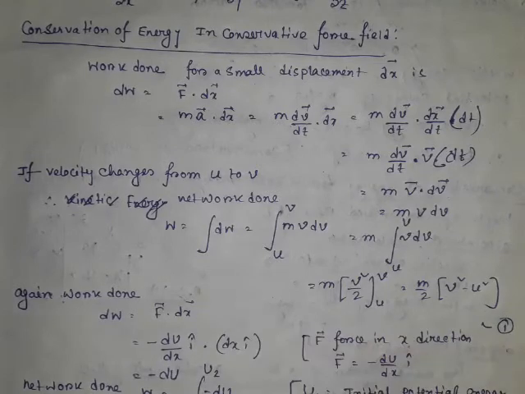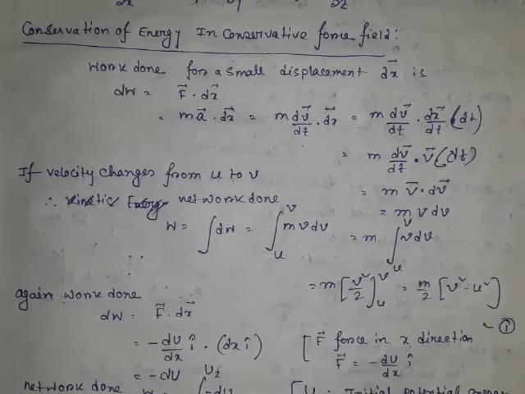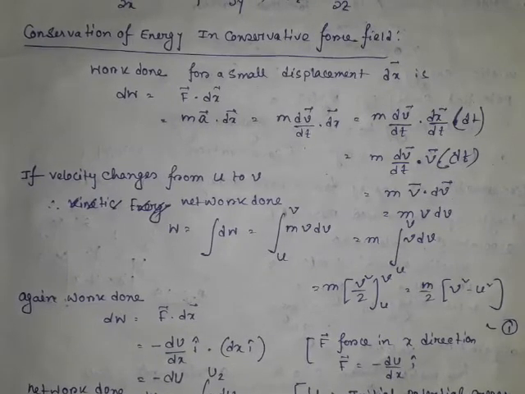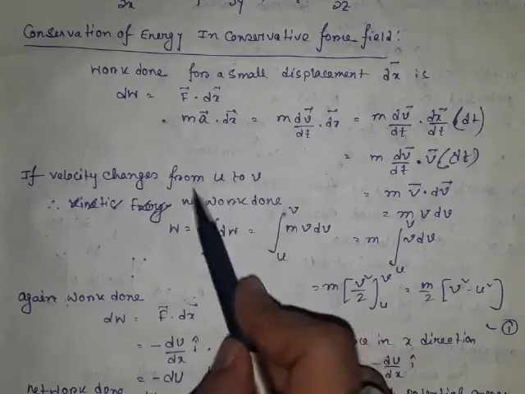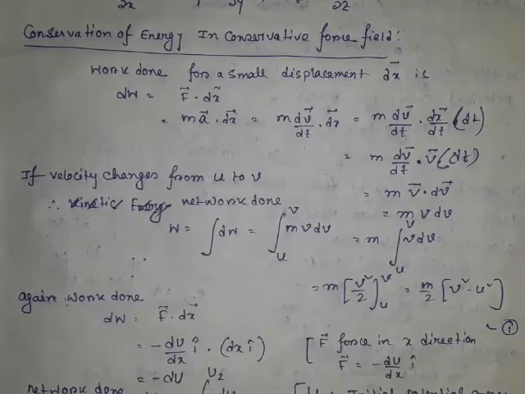Now we are considering that the force is acted in the direction of the motion of the object. That means it is producing an acceleration in the object. That's why the velocity changes from u to v. That means there was an acceleration.